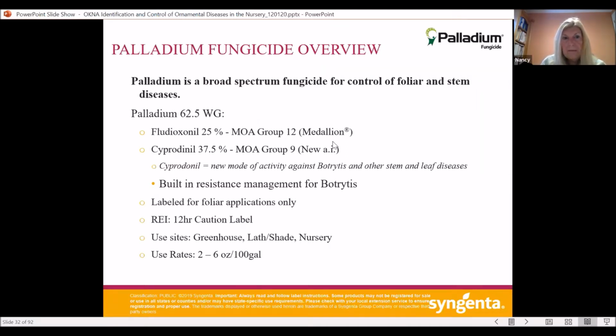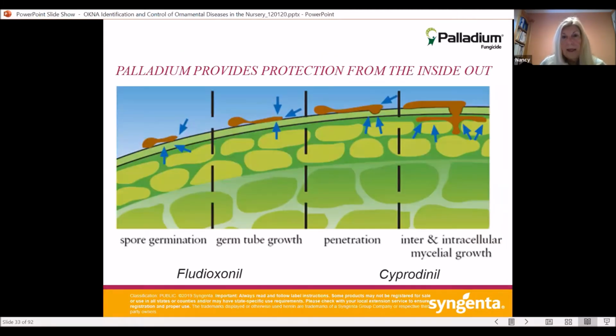And it does provide some broad spectrum activity, putting the 2 together, both systemically and also with some contact protection as well. It is particularly strong on botrytis, but it also works well on a lot of the leaf spot diseases. So it makes it a nice rotational tool because of the differences in the FRAC groups.